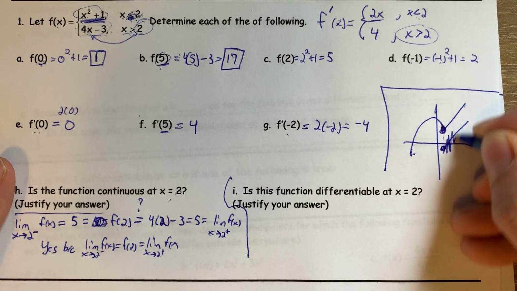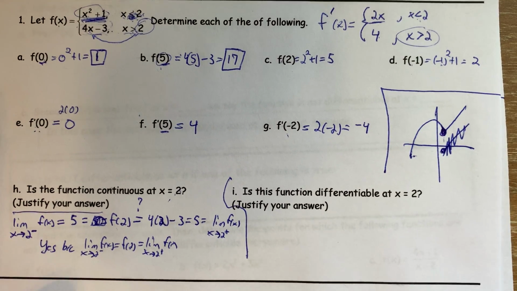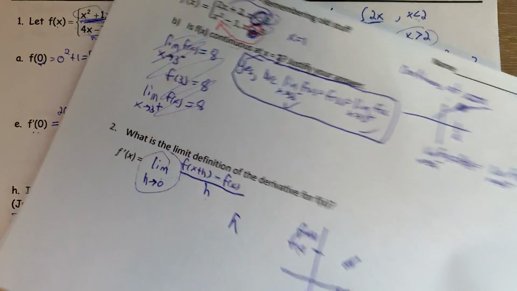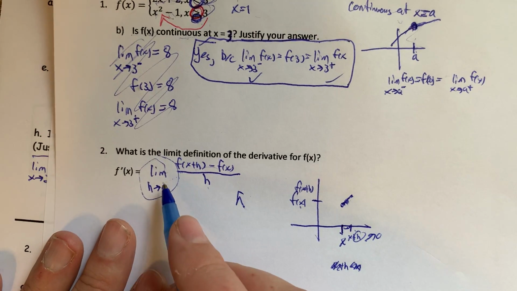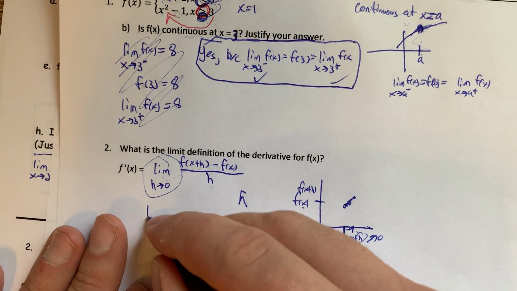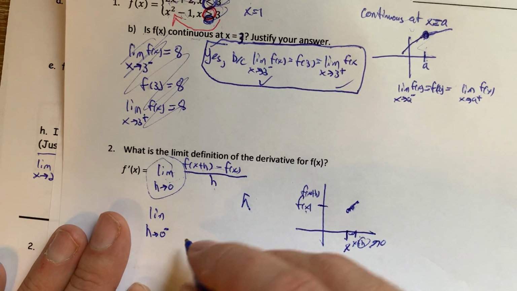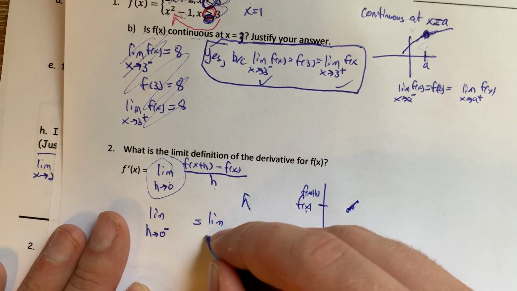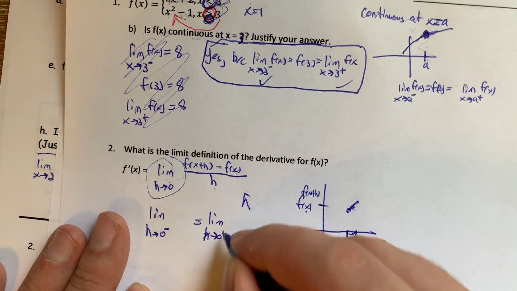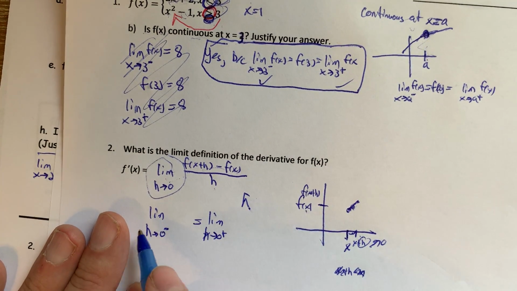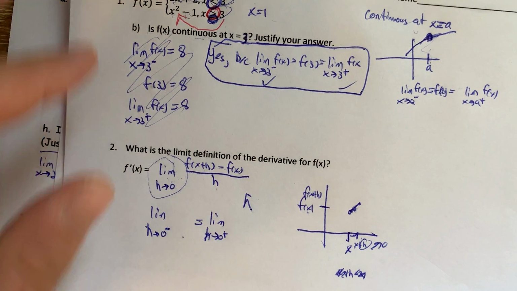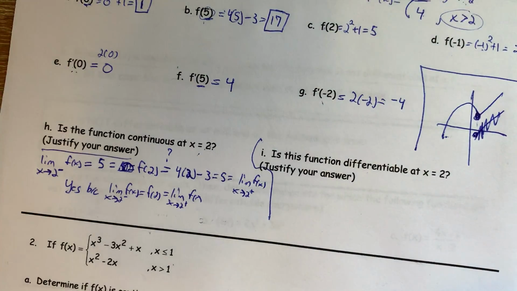But just because it's continuous does not mean it's differentiable. Remember, the limit definition of the derivative involved the limit, which means it's both the limit as h approaches 0 from the left, and that needs to be the same as the limit as h approaches 0 from the right. The derivative from both the left and the right must be the same in order for the derivative to exist.